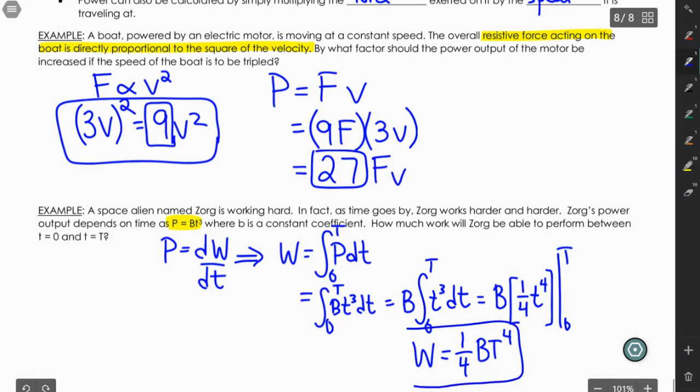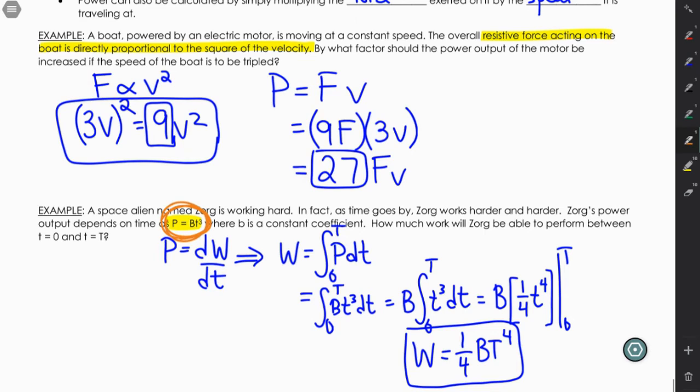So that's how much work he's going to output. Again, right? It's telling me anytime I'm given a function with respect to time, I need to use the integral or the derivative definition of power, which means then I have to use the integral of power dt.